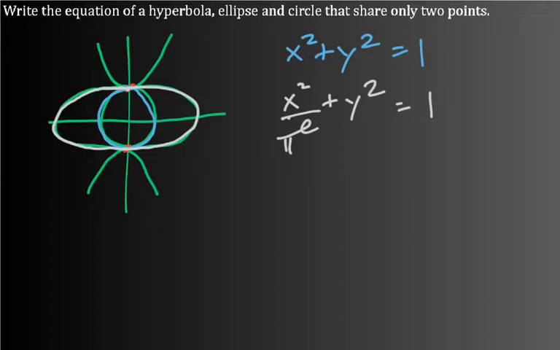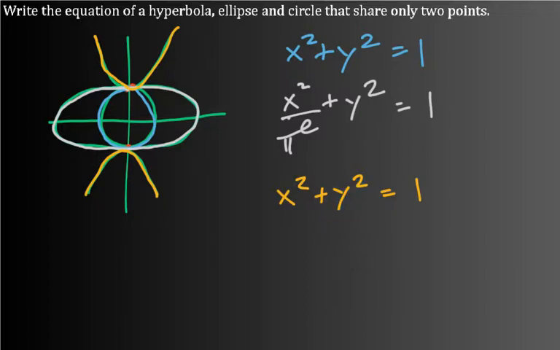Now, for the last one, I just need this hyperbola to come in and touch right there. And this is very, very similar to the circle. I can start with this equation, and I want a vertical hyperbola, one that opens up and down.